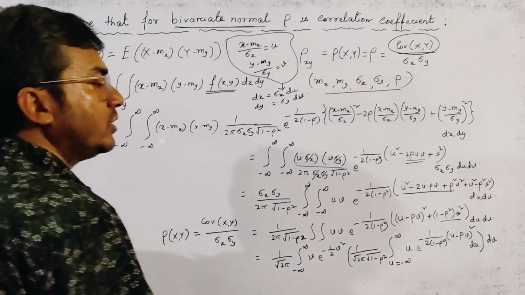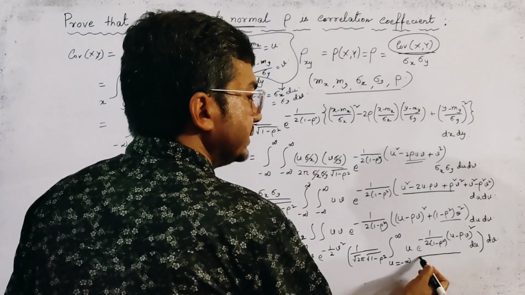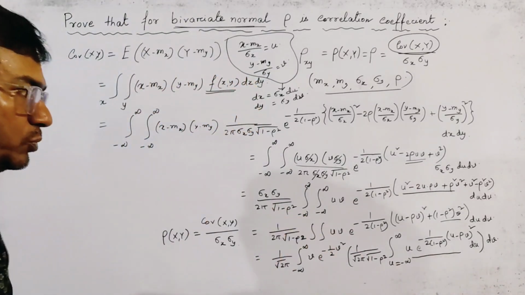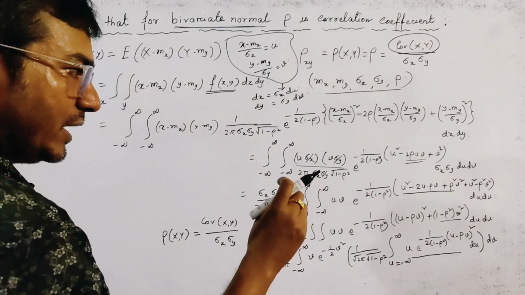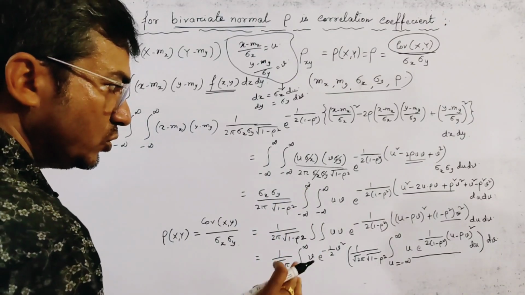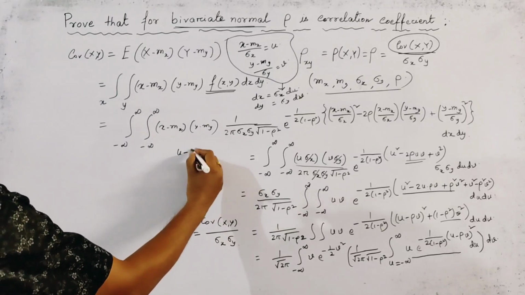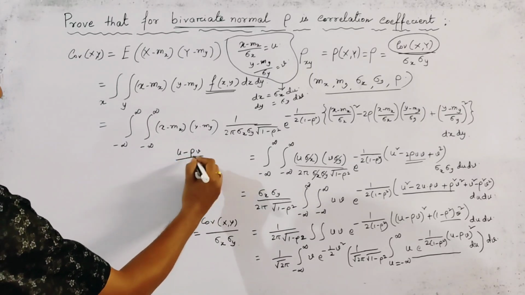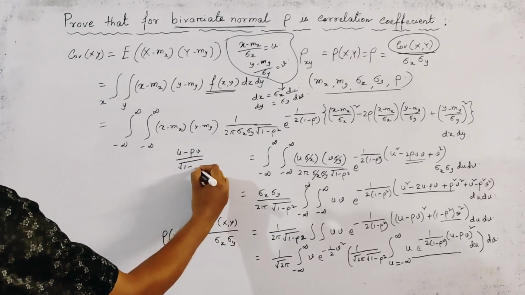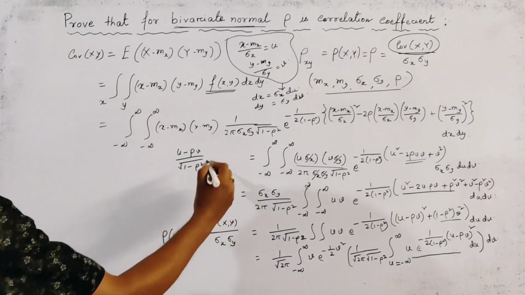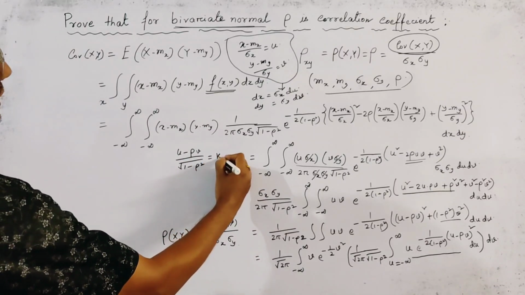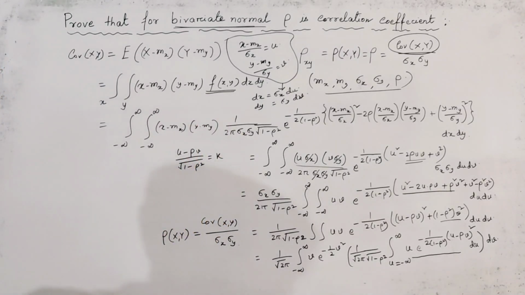Okay, now to integrate this integration, we put another substitution which is given by (u minus rho v) by root 1 minus rho square, and this is equal to k, we put, right?